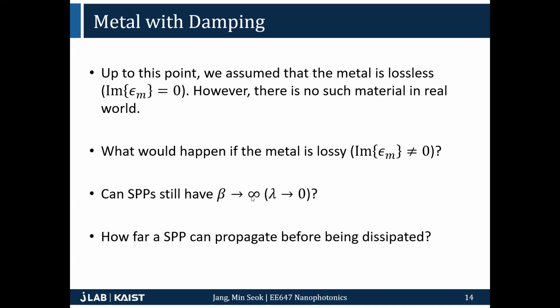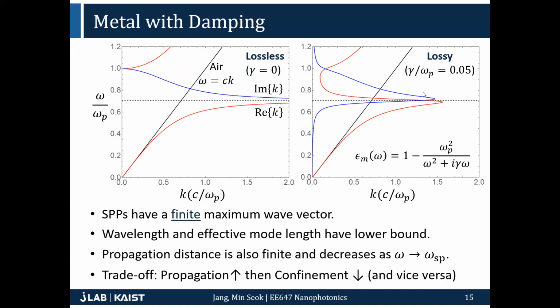So can we still have beta go to infinity when the imaginary permittivity is non-zero? As I showed you earlier in our previous lecture, it's not the case. If we introduce gamma, which is the decay constant, the material loss.